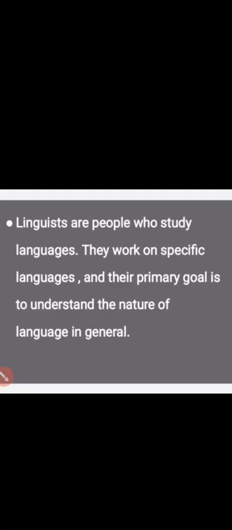Linguists usually try to understand and find answers to some questions. For example, what distinguishes human languages from other animals' communication systems?